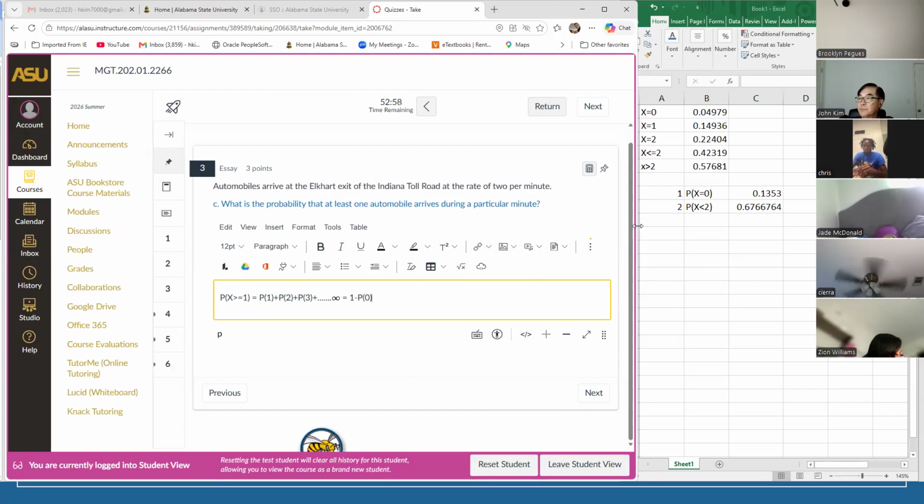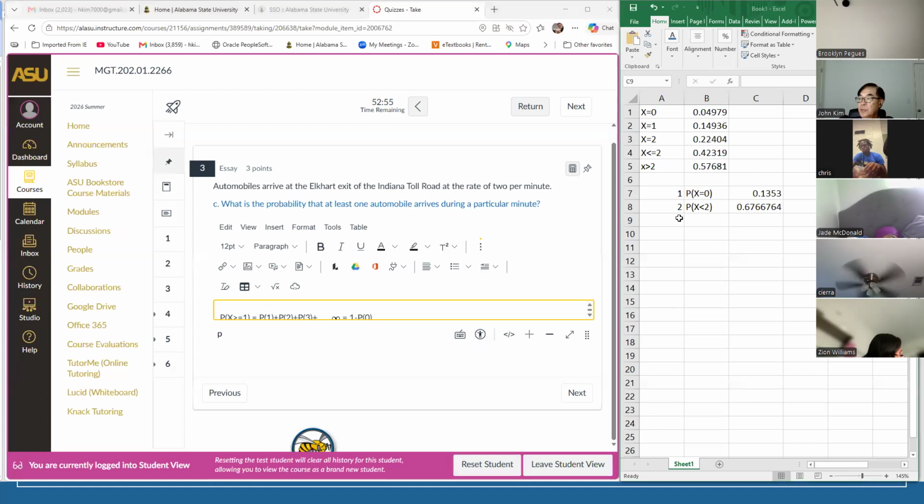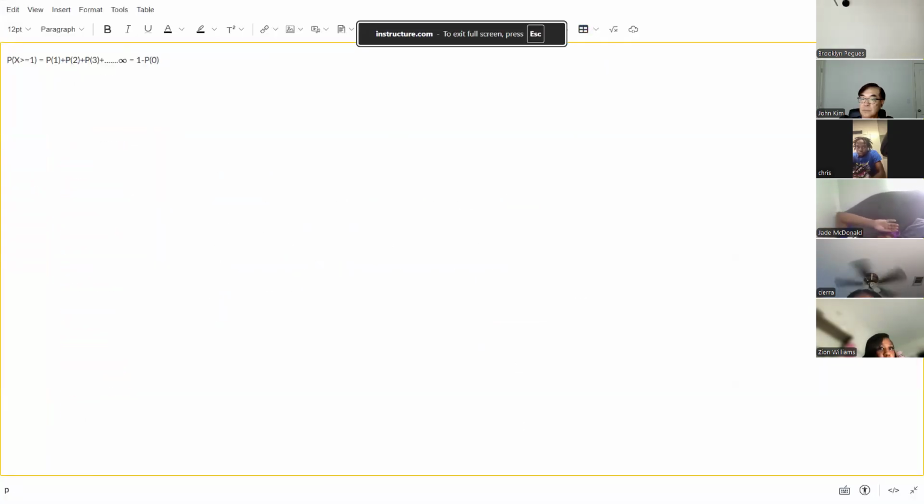So number 3, p greater than or equal to 1. So it is equals 1 minus p0.